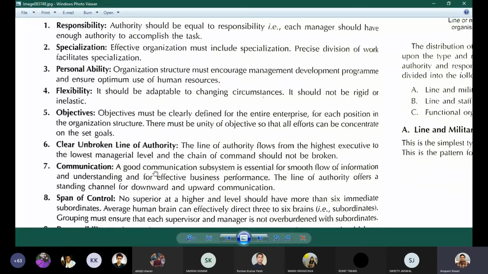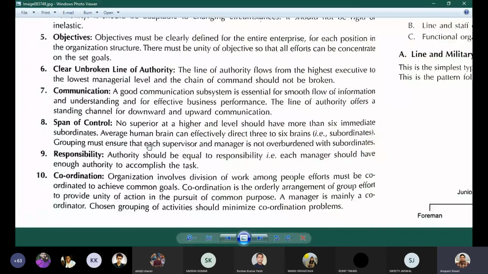There is span of control, so no superior at a higher level should have more than 6 immediate subordinates. The average human brain can effectively direct 3 to 6 subordinates. Grouping must ensure that each supervisor and manager is not overburdened.